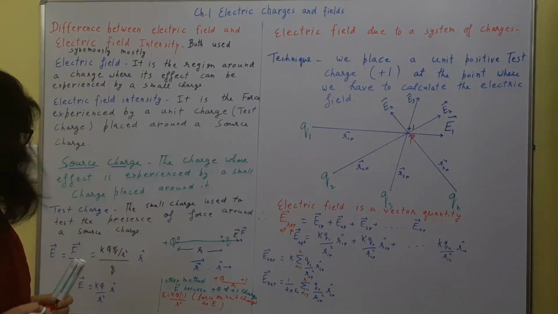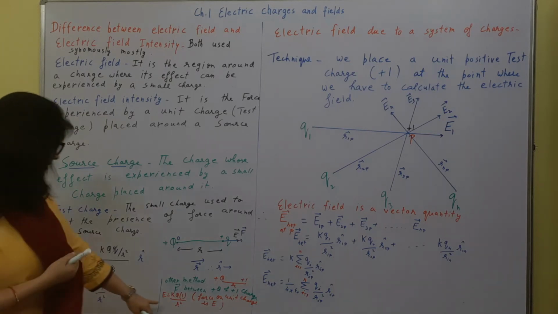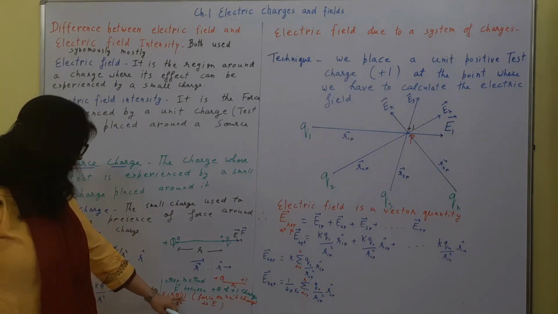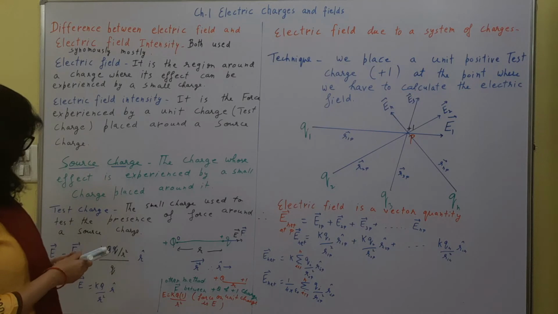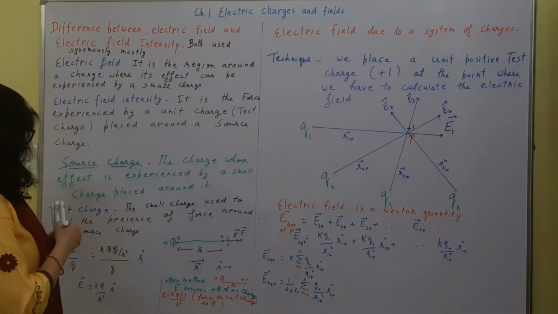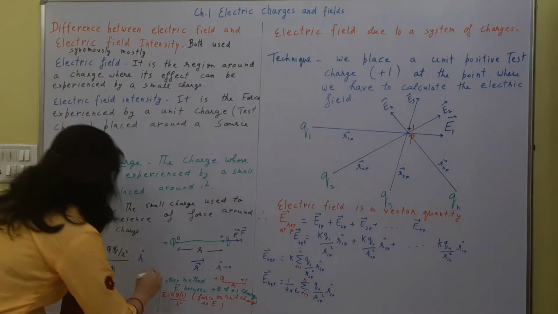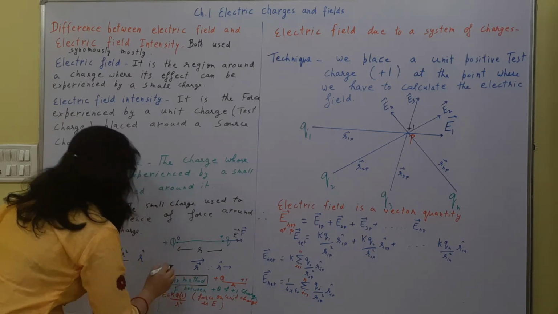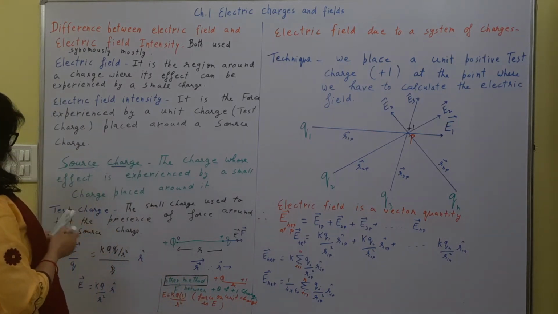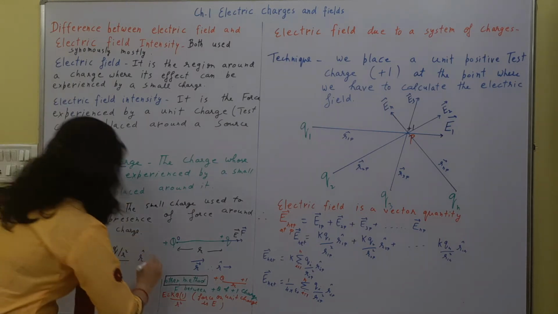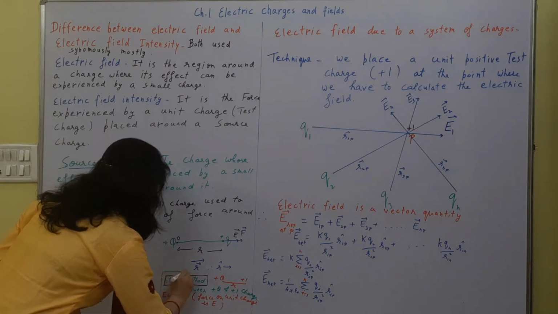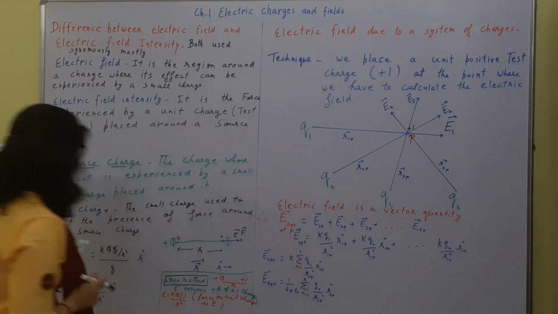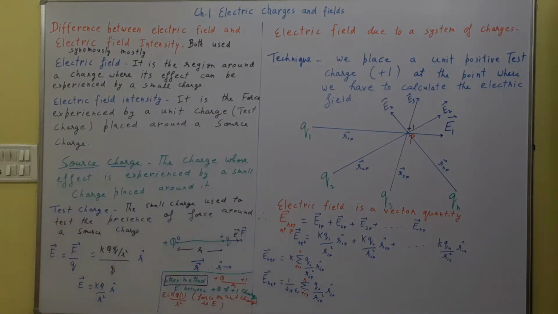So force on unit charge is electric field. So that's why this can directly be written as, instead of Q, I'm writing 1. This is the other method. So I've mentioned this so that you understand. So now we can rub the board and understand the significance.